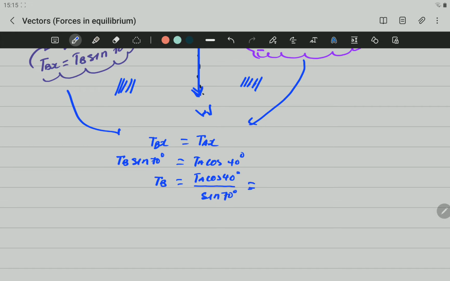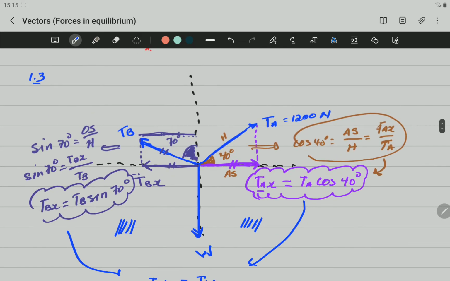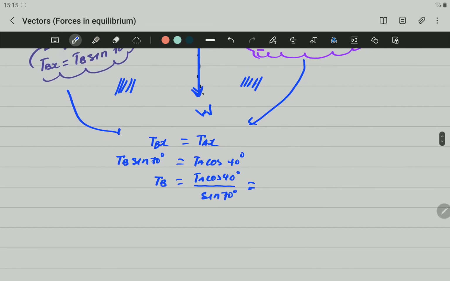If you substitute all the information you have, the tension in A is 1200, so it's 1200 cos 40 degrees divided by sine 70 degrees, and the answer is 978.25 Newton.